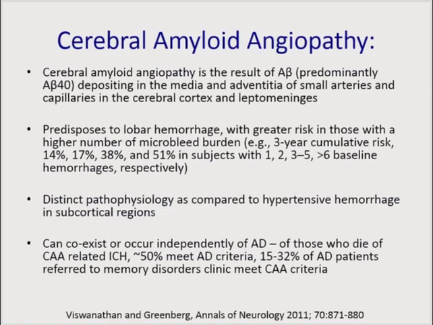Of those who die of CAA-related intracranial hemorrhage, about 50% meet pathologic criteria for AD at autopsy. 15 to 32% of AD patients in memory disorders clinics also meet CAA criteria when they go to autopsy. So this is not an uncommon finding.